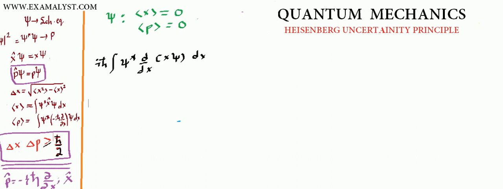Okay. If this is done, then you remember the Heisenberg uncertainty principle in form of standard deviation. So the uncertainty in x square will become what? Was actually the expectation value of x square minus square of expectation value of x.